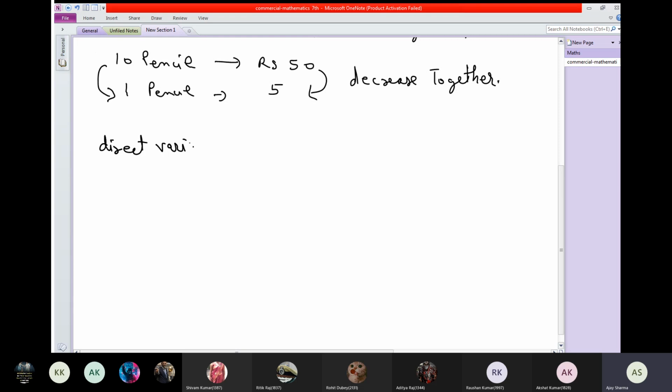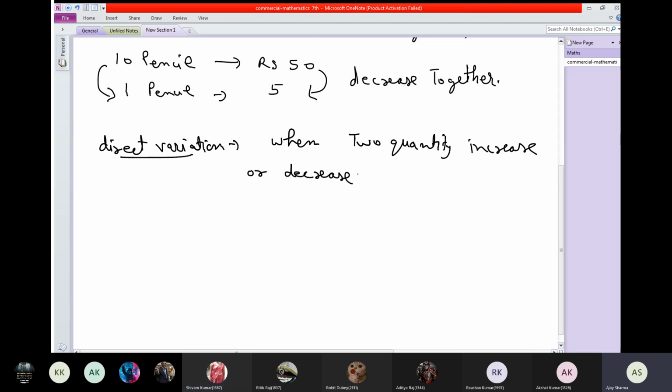When two quantities increase or decrease together, either both increase or both decrease, then we say that they are in direct variation.